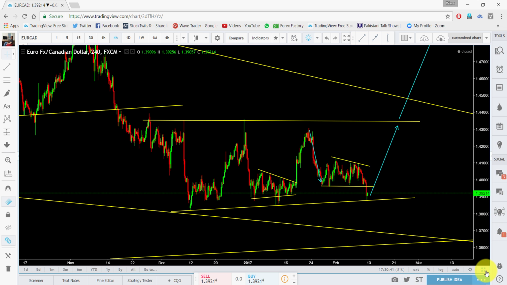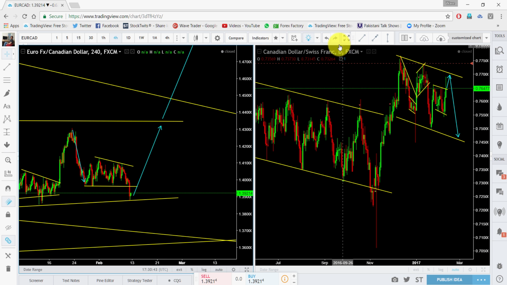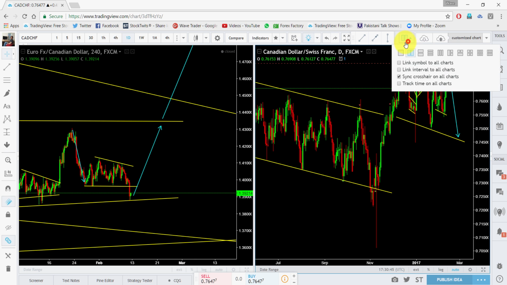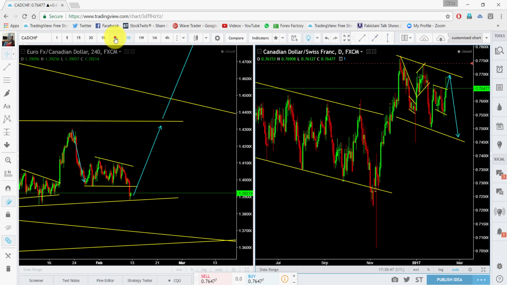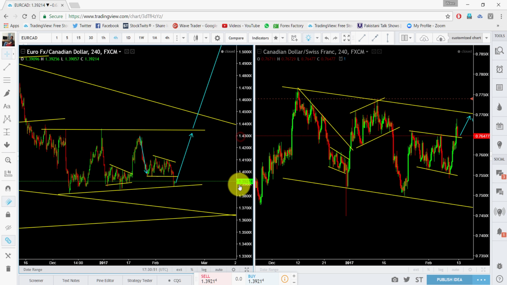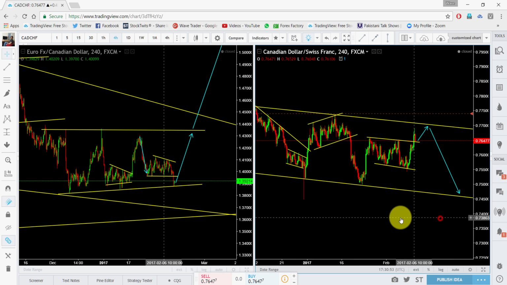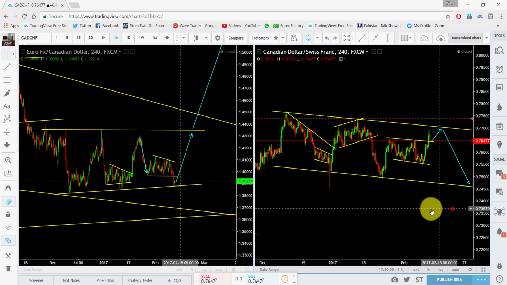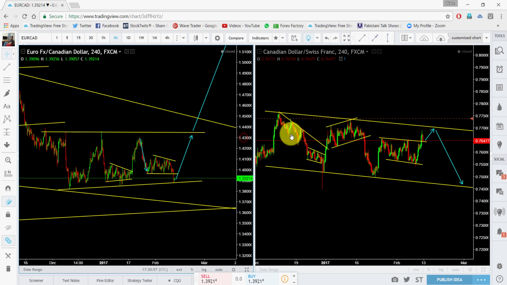So in CAD-CHF, you guys can see it is forming quite a similar pattern to Euro CAD. We are looking at this move here. Once price hits the top, we will look for this move, and price is already hitting the bottom, so we are looking for this move.